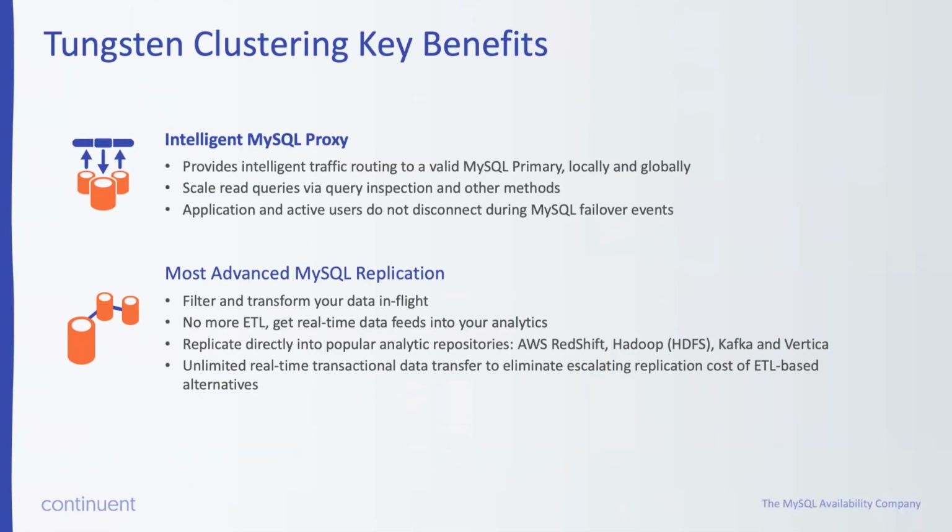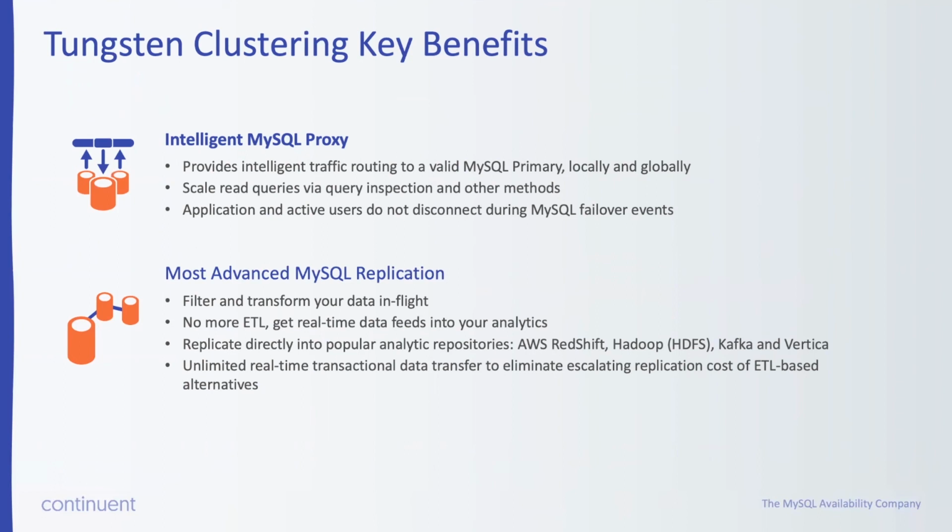Tungsten clustering includes an intelligent MySQL proxy that we call the Tungsten connector. And it really has a lot of features, but the important feature that we want to point out, at least in this context, is that it's traffic routing. It will route to a local primary.